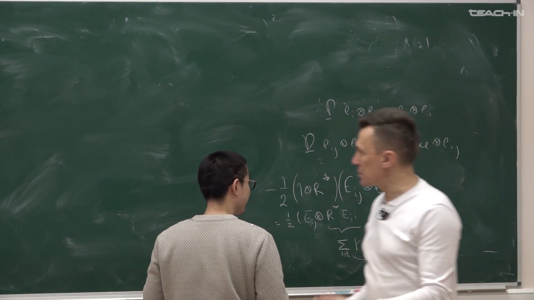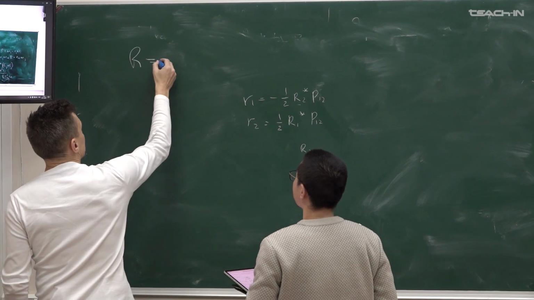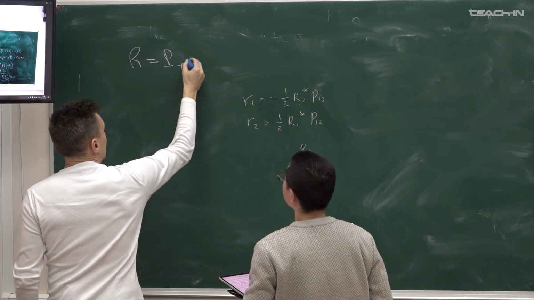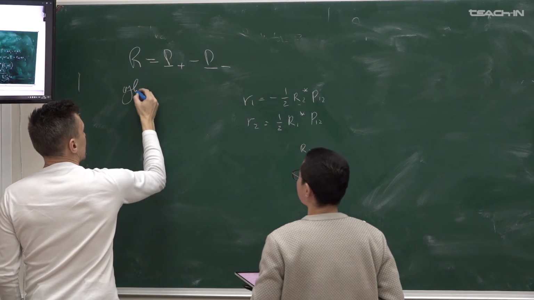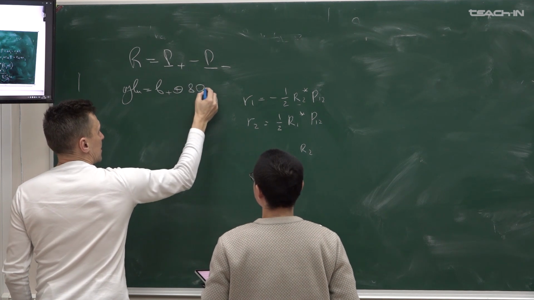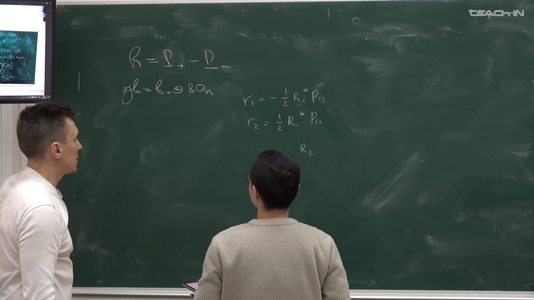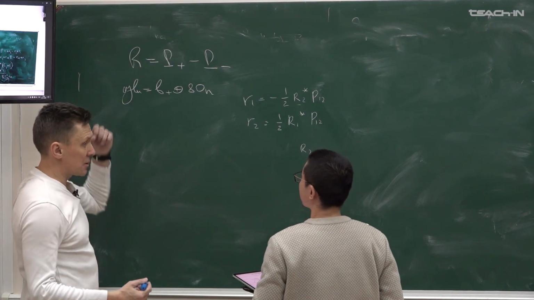You remember that our R was related with the decomposition Gn into B plus SON. So we have to write down the matrix elements of this linear operator.